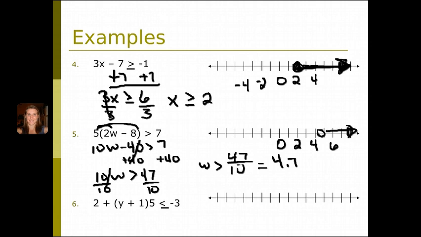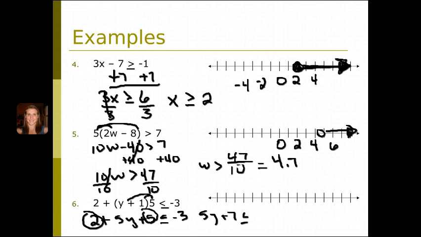In our last example, we need to distribute our 5. Even though it looks backwards, we're still distributing. So we're left with 2 plus 5y plus 5 is less than or equal to -3. We need to combine our like terms, which gives us 5y plus 7 is less than or equal to -3.